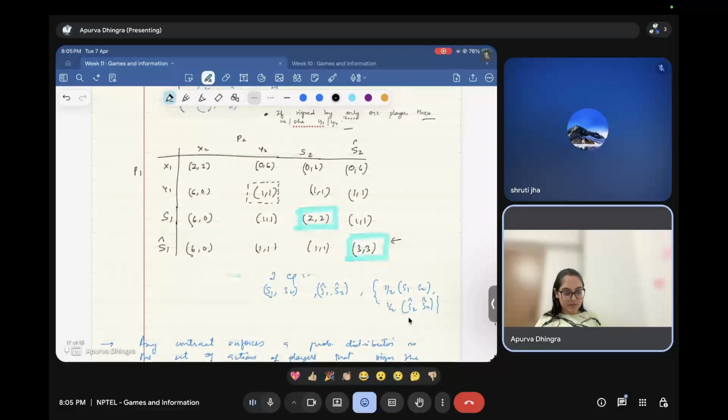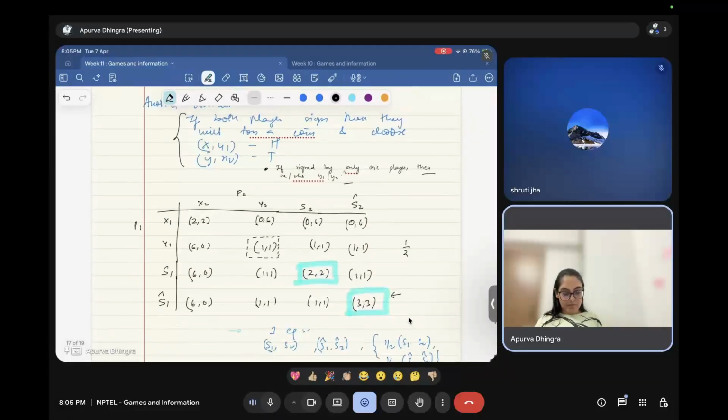The correlated strategy is playing the profile x1 y1 with probability half, and with the other probability playing x1 y2. This should have been 2. This is the result of a correlated strategy.